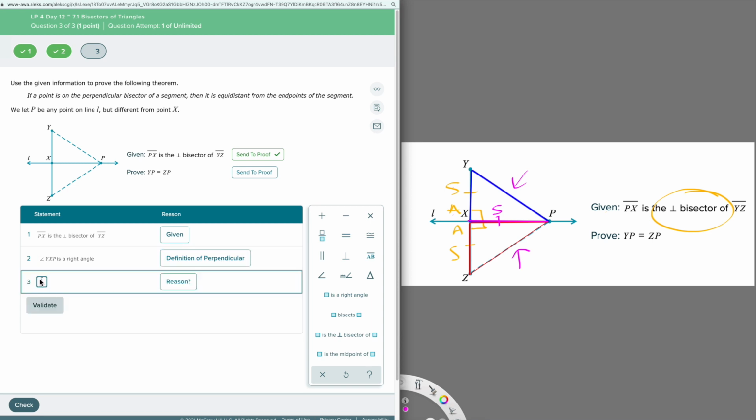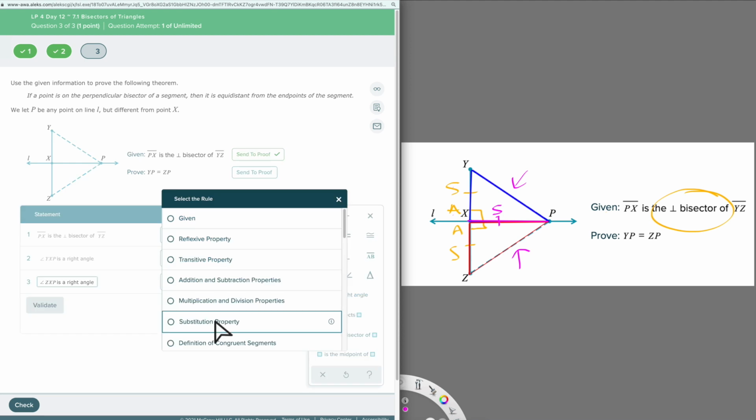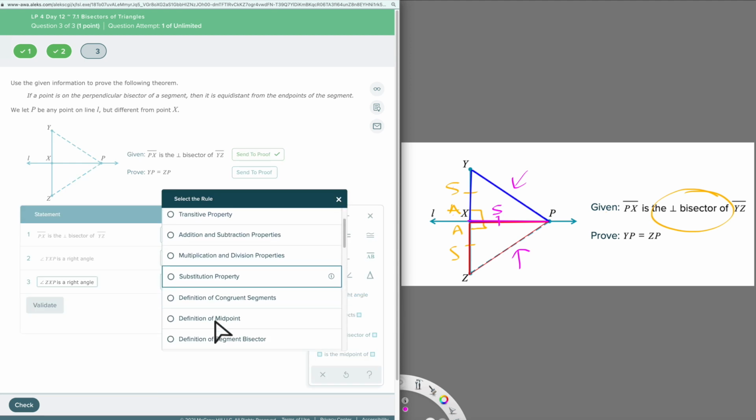Okay, and then I'm going to do the same thing for this other side. ZXP is also a right angle for the same exact reason, the definition of perpendicular.